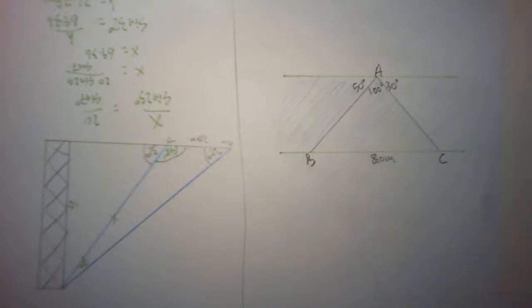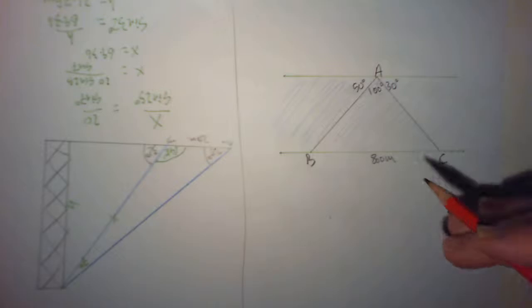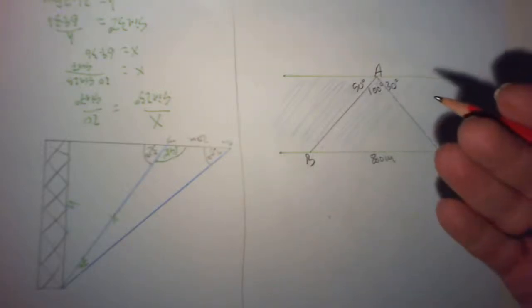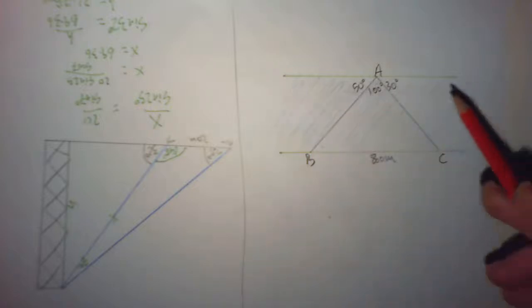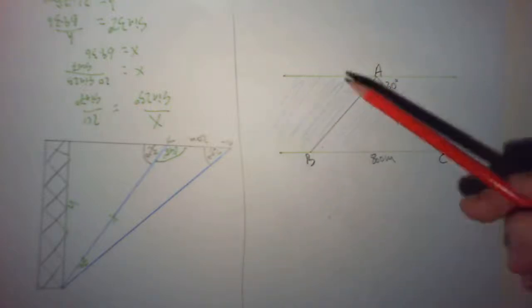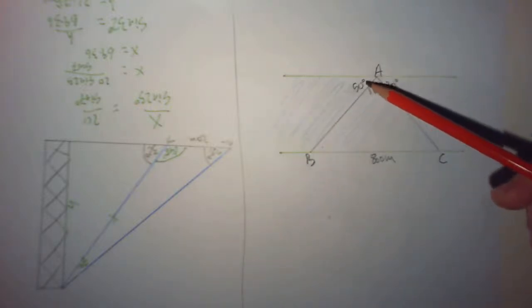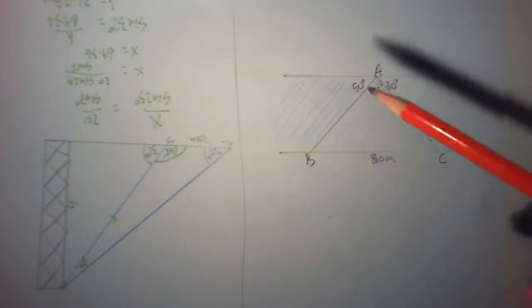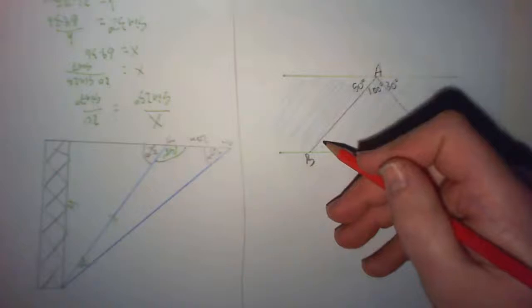Now that helps me a little bit, but it'd help me more if I knew what that was and that was. Now, if you remember back to your junior cert, if these are parallel lines, then for any line joining them, you can apply what's called alternate angles. So if that is 50, that makes that 50.